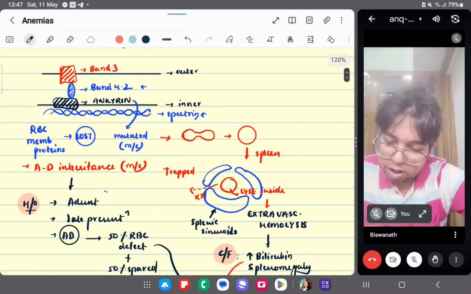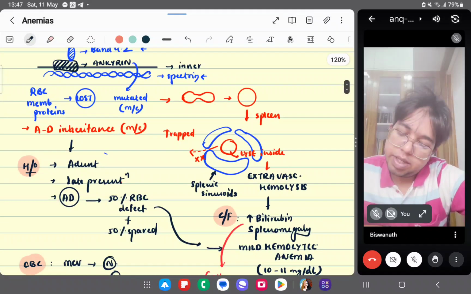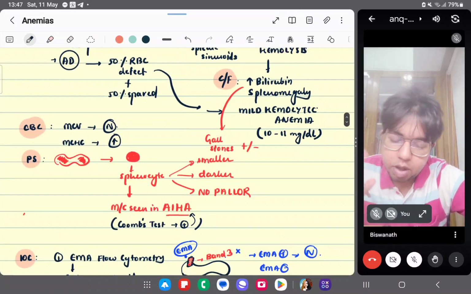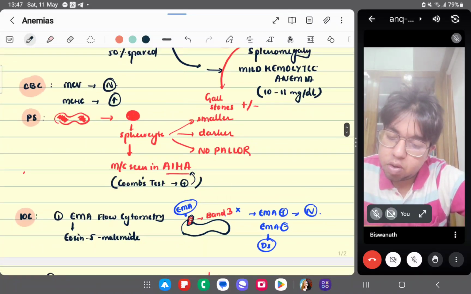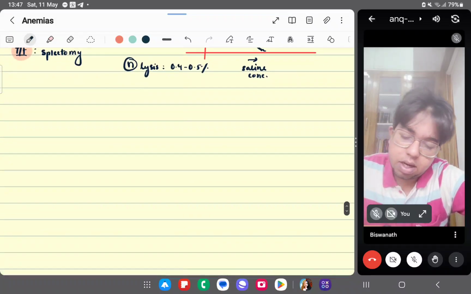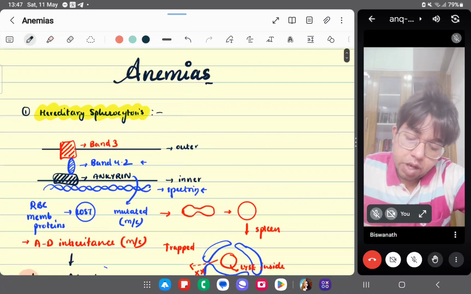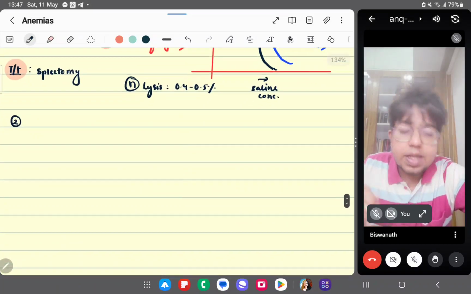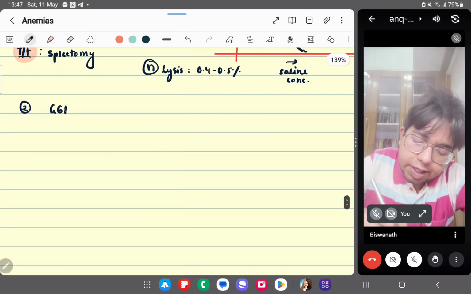I hope I covered all the aspects: band 3 and all, autosomal dominant, late presentation, CBC, MCV normal, MCHC increased, peripheral smear I told, flow cytometry, osmotic lysis, and splenectomy. Done? Okay, this was the first. Then come to the second. Second, we are going to discuss G6PD deficiency anemia.